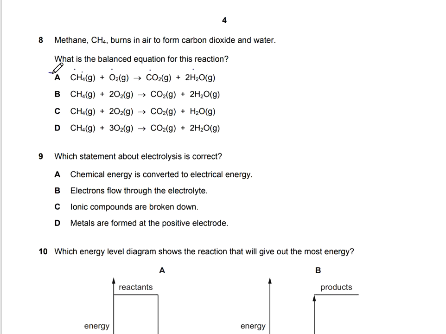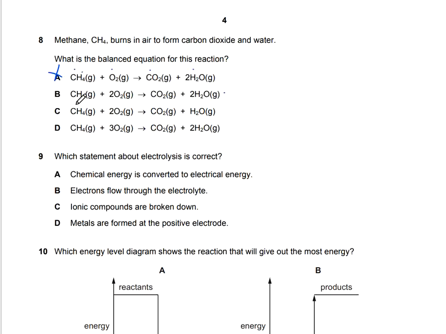So this is not the correct answer. We have here carbon, also the same. We have 4 hydrogen in here. We have 4 oxygen, 2 in here and 2 in here. That is 4. Okay, we'll just look at this choice.